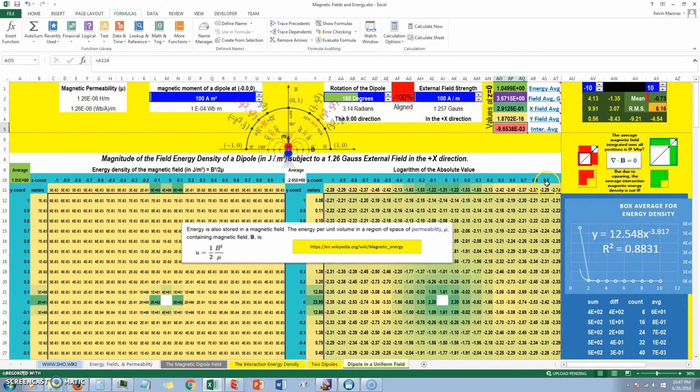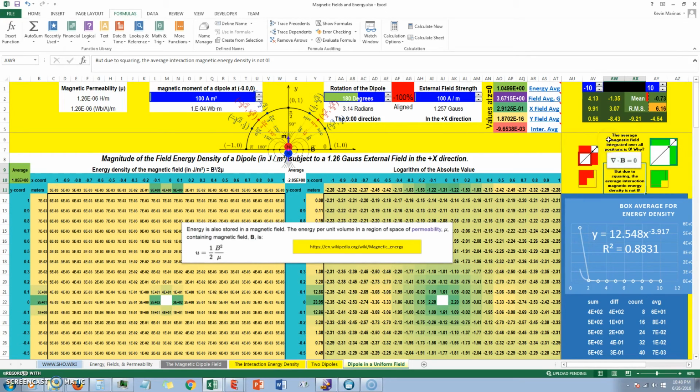Now, what happens if we integrate this all over space? Well, the average magnetic field integrated over all positions should be zero due to symmetry. Or rather, the divergence of the magnetic field should be zero. So it's what they call a solenoidal field.